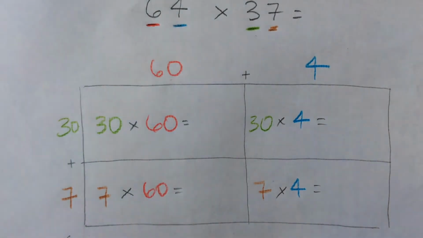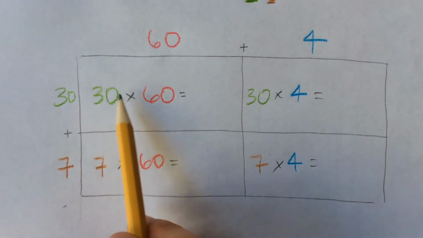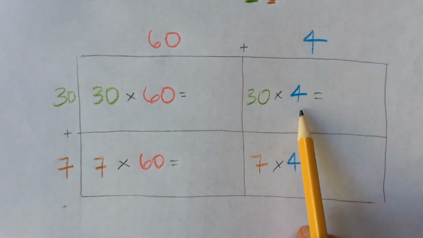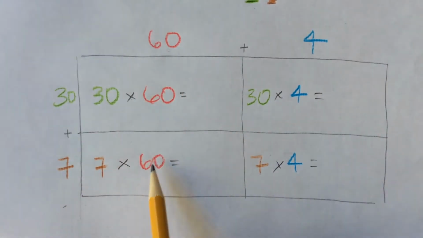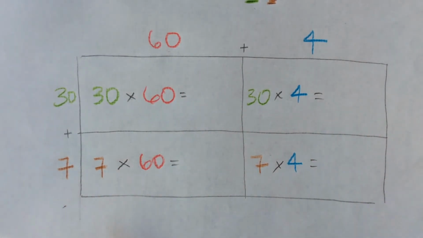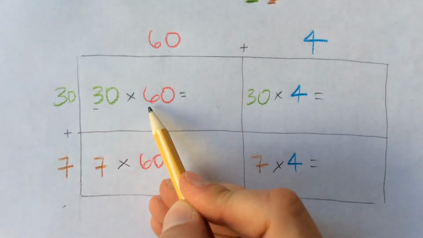And I'm going to check my work because that's what I do. And I notice it's 30 times 60, that's correct. 30 times 4, 7 times 60, and 7 times 4. So when I try to figure out my partial products, my answers here, I look first at these digits.